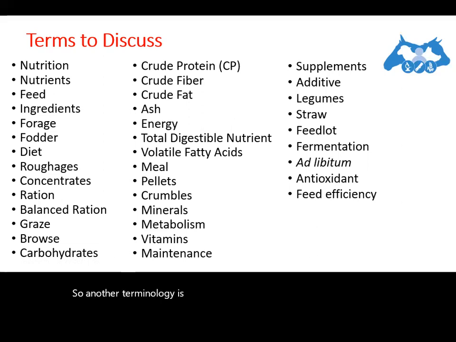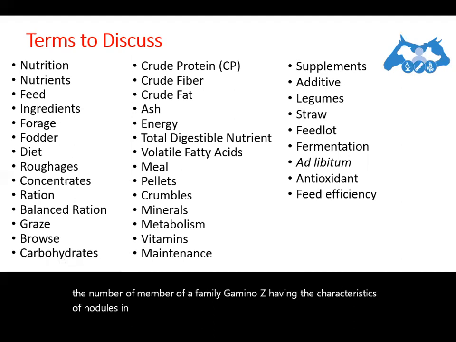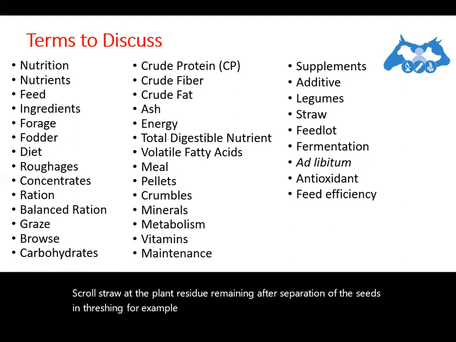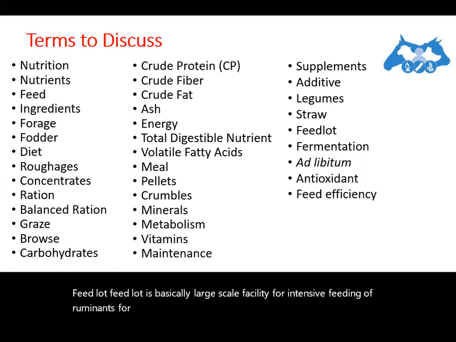Legumes, a green plant which is a member of the family Leguminosae, having the characteristics of nodules in the roots, seed in pods, and can fix the atmospheric nitrogen in the soil. Straw, the plant residue remaining after separation of the seeds in threshing, for example, wheat straw, rice straw, etc. Feedlot is basically a large-scale facility for intensive feeding of ruminants for fattening prior to slaughtering.